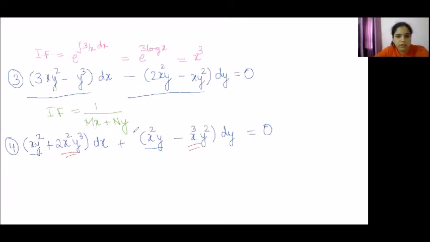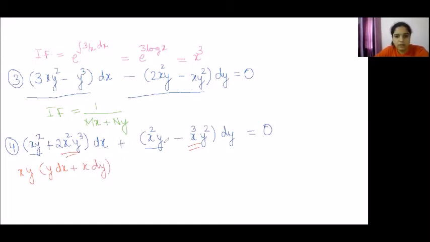Xy square, x square y. Here xy will be common. We will have y dx, and here we will be left with x dy.